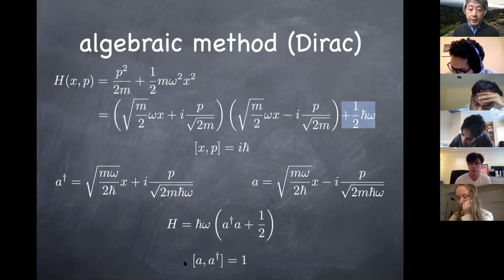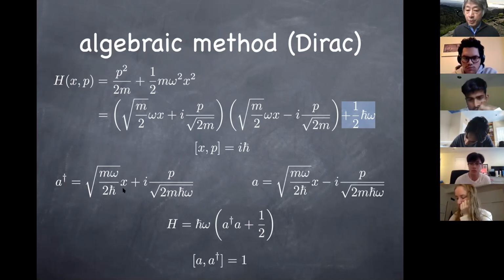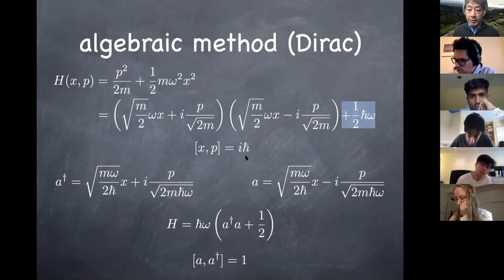You can also derive the commutation relation between the a and a dagger operators because you know x's commute, p's commute, but x and p satisfy the canonical commutation relation: the xp commutator is i h bar. Using this, you can work out the a and a dagger commutator. a has this x in it times the square root of m omega over 2 h bar, and a dagger has p in it times this i over the square root of 2 m h bar omega.